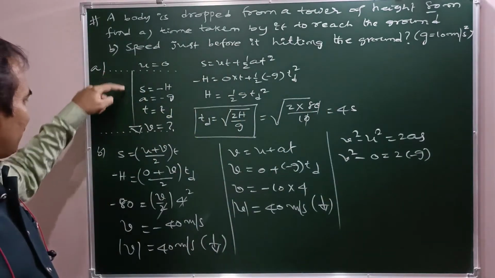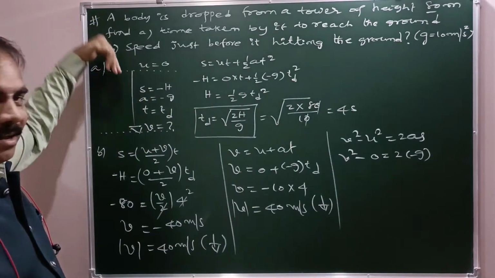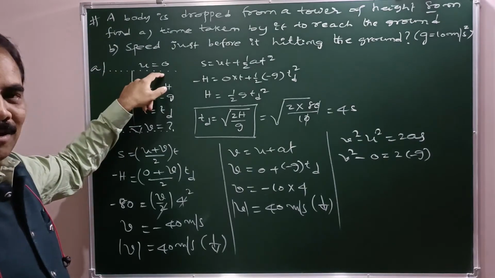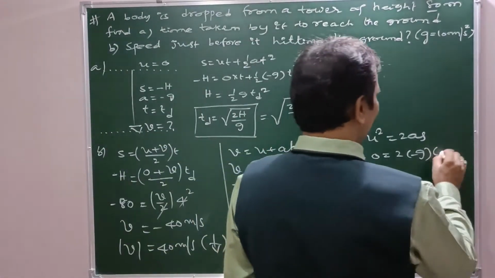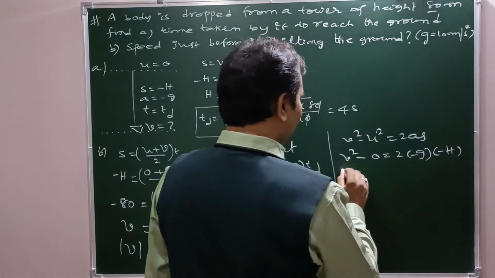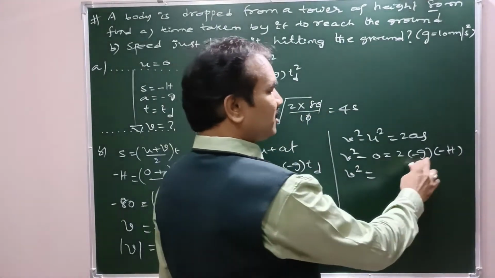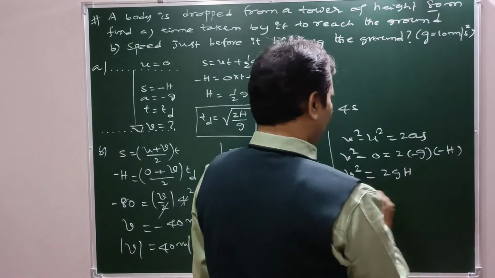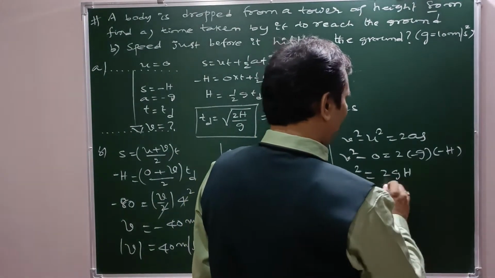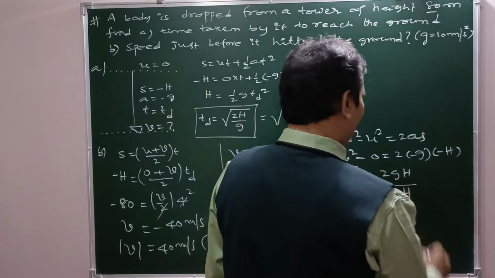Minus h. From here to there, the displacement vector is downwards from the reference level, therefore minus h. S becomes minus h. That is V square equal to 2gh. So V equal to root over 2gh in case of a freely falling body.